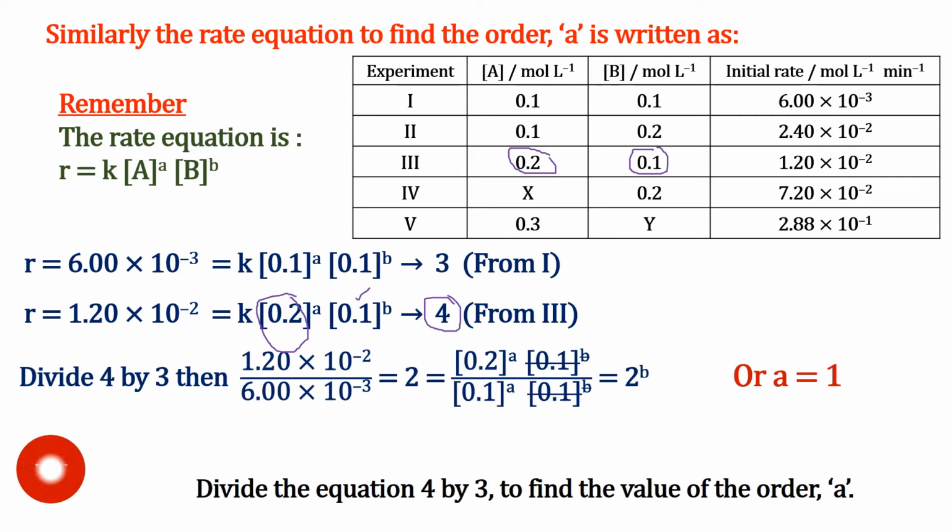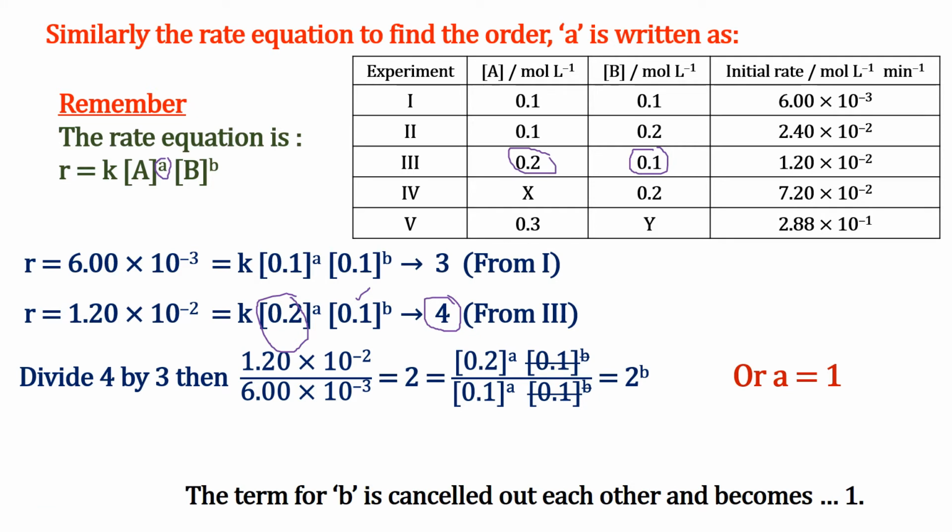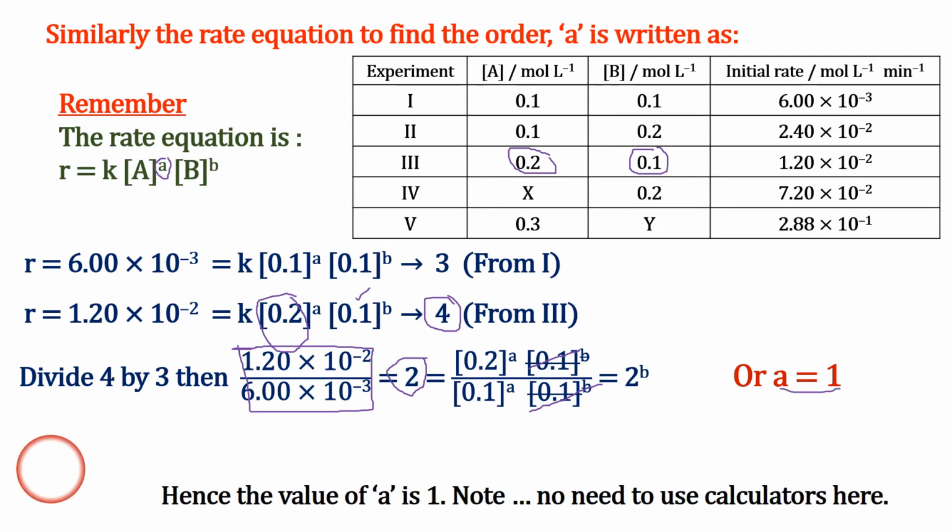Divide equation 4 by equation 3 in order to find the value of a. The term B cancels out and becomes 1, and if you divide the rates, the value is 2, so 2 to the power a equals 2, so the value of a is 1.